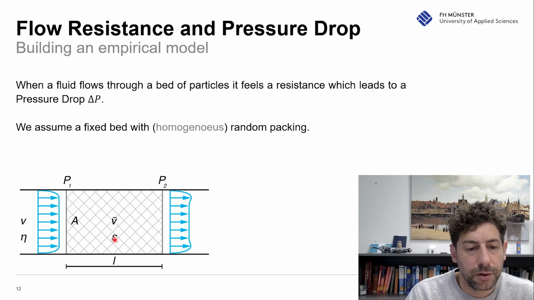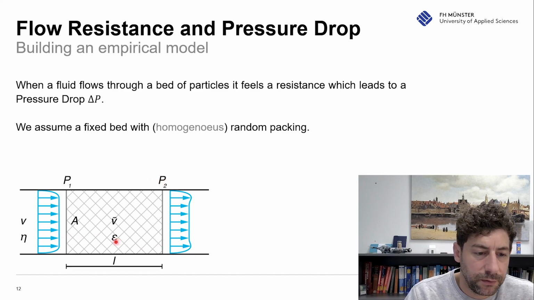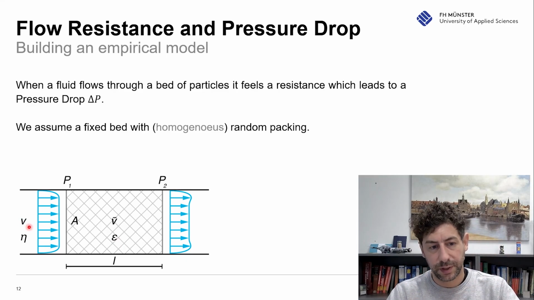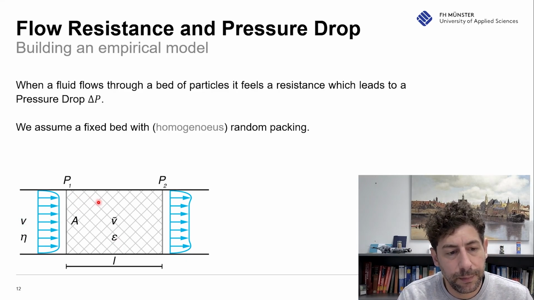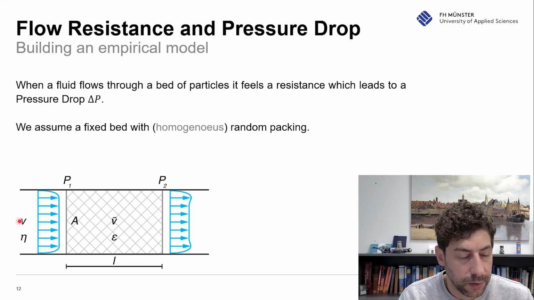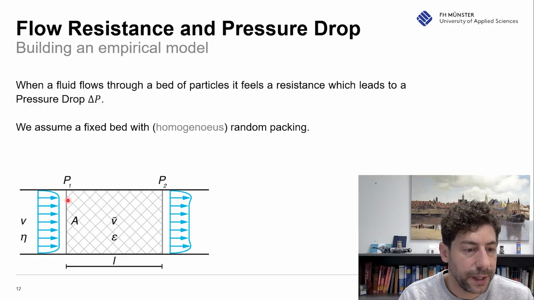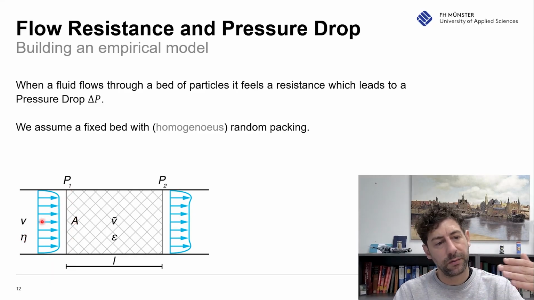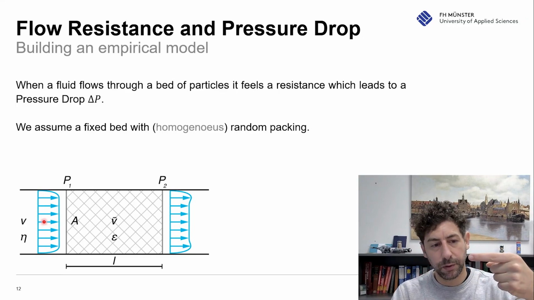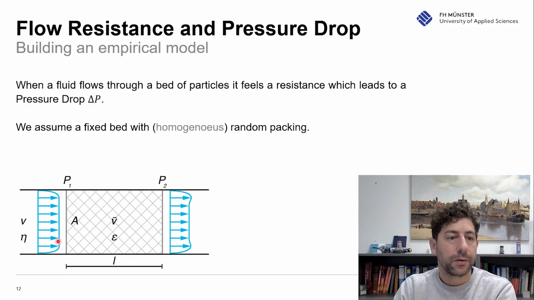Our bed has a certain length, and the fluid has an inflow velocity, but in the bed we have a velocity in the pore system, and this is different to the velocity here, right? And then we have a viscosity, and we also have a cross-sectional area of the bed. If we look from this view, we would see an area here.